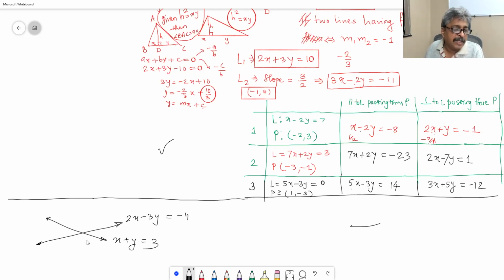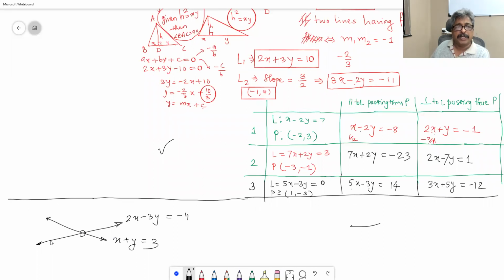When I draw these two lines, physically I can see that because the slopes are not the same, the slope of this line is 2 by 3, the slope of this line is minus 1, they will intersect, since they are in the same plane, the XOY plane.